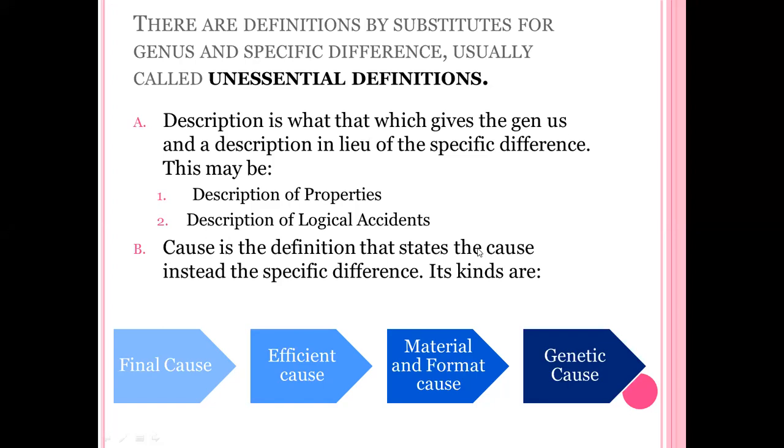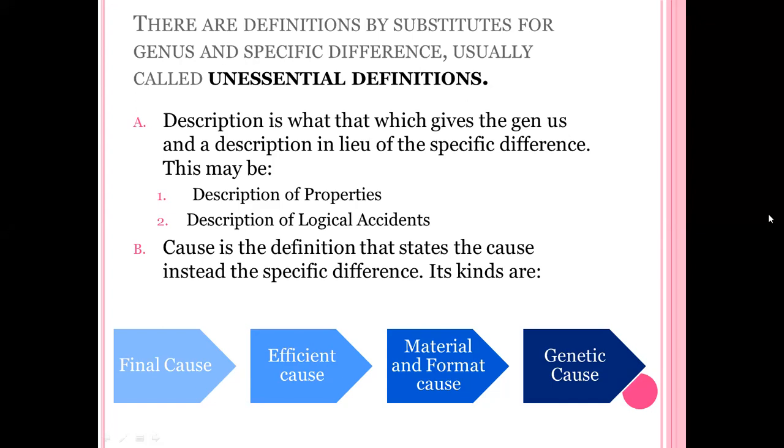So I have shown you a simple explanation, some short added information regarding our topic for this week. Again, for this week, we defined what a definition is, differentiated nominal definition from real definition, and discussed the unessential definitions.